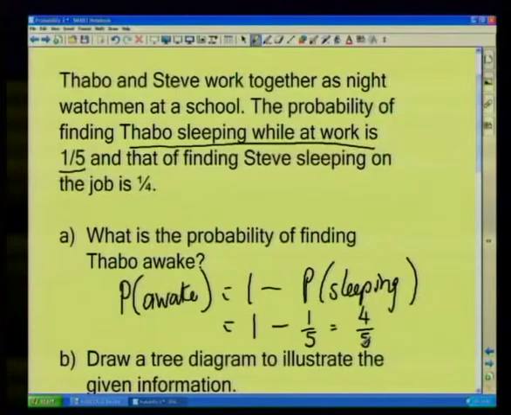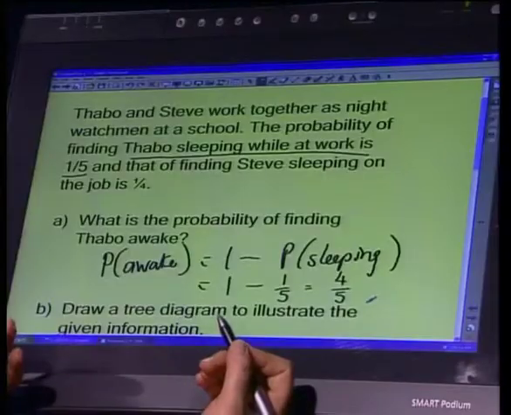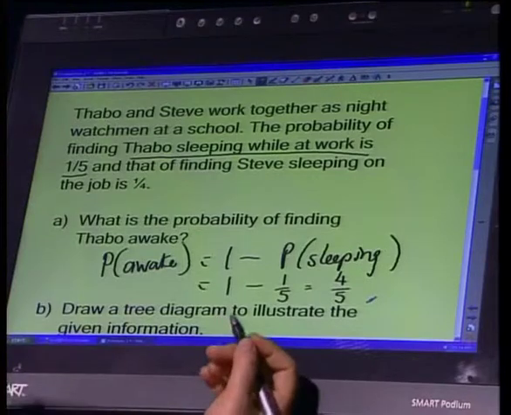Again, if you're not happy about that maths, then use your calculator. Don't make careless mistakes to throw away marks. He's either going to be sleeping or awake, and if he's sleeping for 1/5 of the time, then he must be awake for 4/5 of the time.